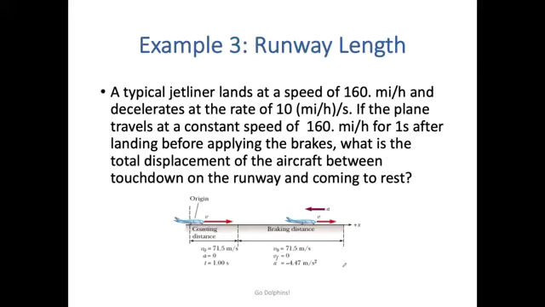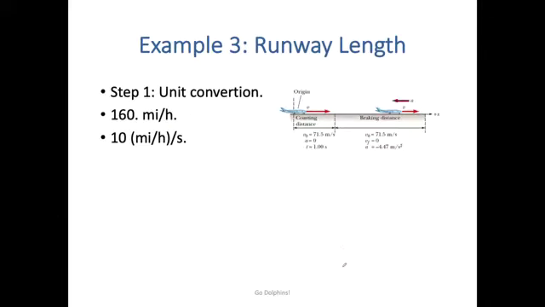So we need to convert those two numbers to SI units before we solve. Let's see how we should convert it. Initial velocity, we need to convert 160 miles per hour to meter per second, right? So how to do that?